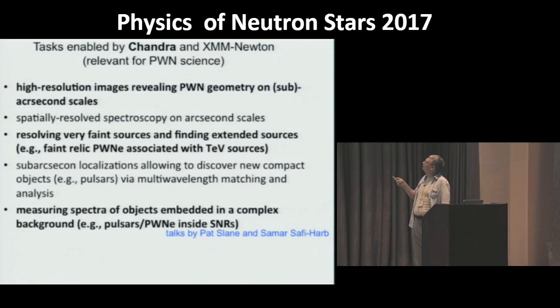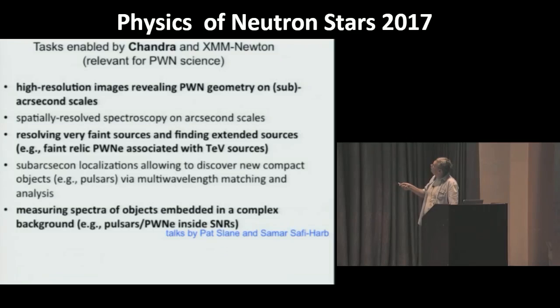I will explain in my talk why this fine structure is important, why it's not just some kind of incremental detail, and that the ROSAT images would be sufficient. It's not. There is a lot of interesting physics hidden in this fine geometry. Then with Chandra, it's possible to do spatially resolved spectroscopy with ACIS. That means we can study how the particle distribution evolves with the distance from the pulsar in different directions. That's also important because winds are anisotropic, right?